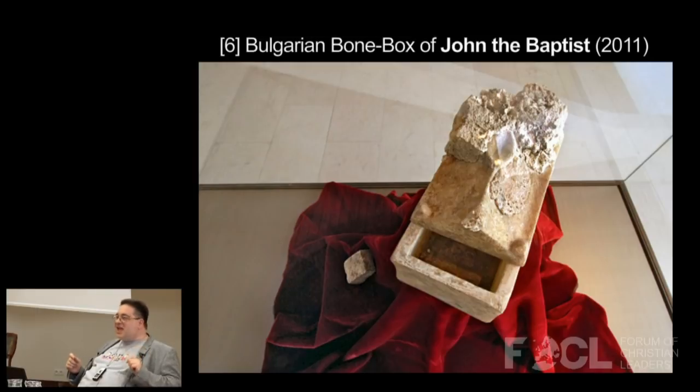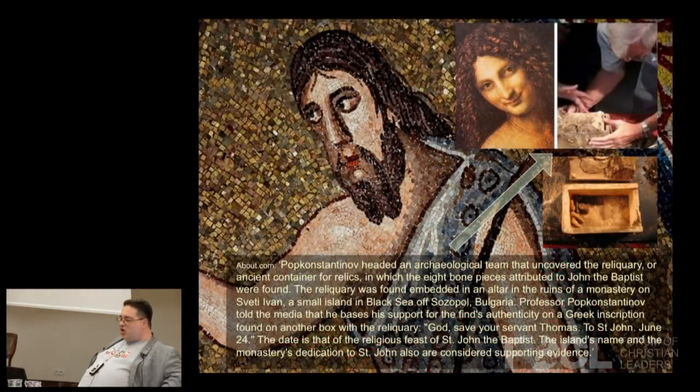However, this claim has at least some plausibility to it. The archaeologist, whose name, if I can murder the pronunciation here, Pop Konstantinov, had an archaeological team uncover this reliquary, or ancient container for relics, in which 8 bone pieces that were attributed to John the Baptist were found.